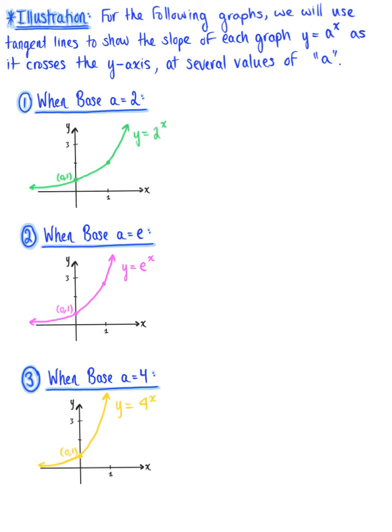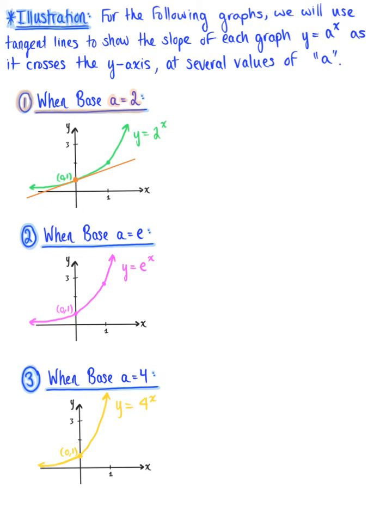So in case 1, we are considering an exponential function base 2, or y equals 2 to the x. Our point of tangency is the point where this graph is crossing the y-axis. So that's the point 0, 1. Intuitively, we know that a tangent line is a line that touches the graph at just this point. So here we go. Here is our tangent line that touches the graph at just that point.